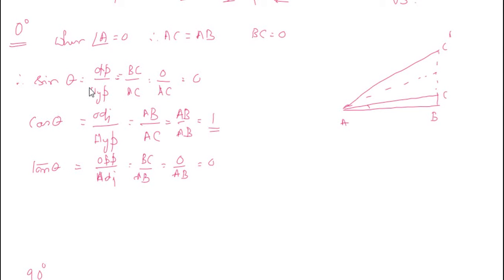Now sine 0 equal to 0, therefore cosec 0 is equal to 1 by sine 0 is equal to 1 by 0. This value is not defined.